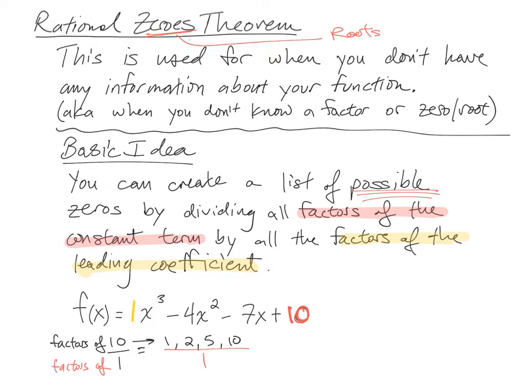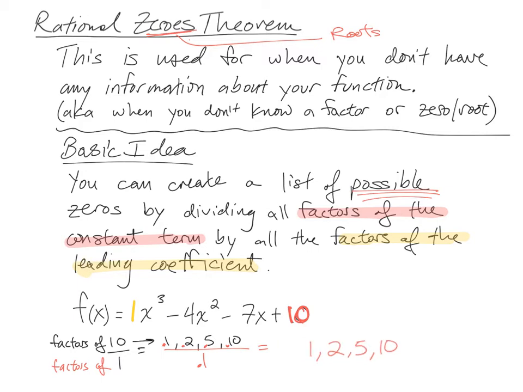I'm going to take every number in the numerator from the 10 and divide it by every number in the denominator. So 1 divided by 1, that's 1. 2 divided by 1, that's 2. 5 divided by 1, that's 5. 10 divided by 1, that's 10.